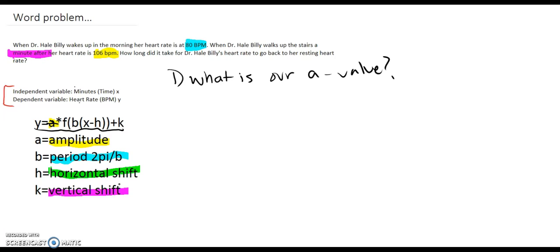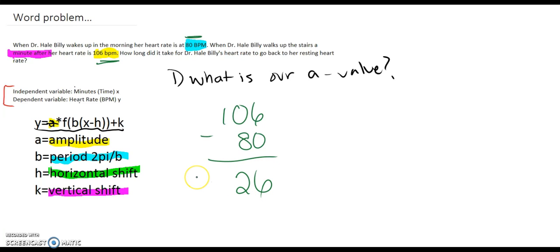So, what is our a value? For our a value, we need to take the maximum point, which is 106, and our minimum point, which is 80, and subtract it. And in that case, we get 26. After we get the answer from there, we take 26 and divide it by 2, and we get 13.